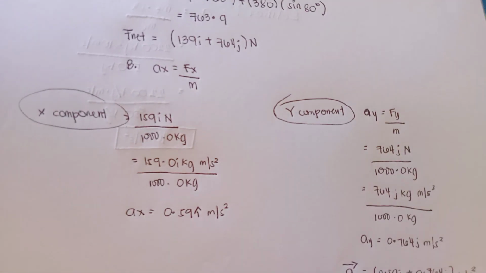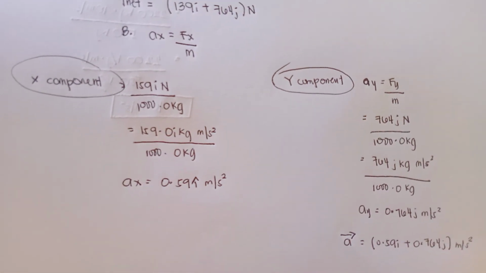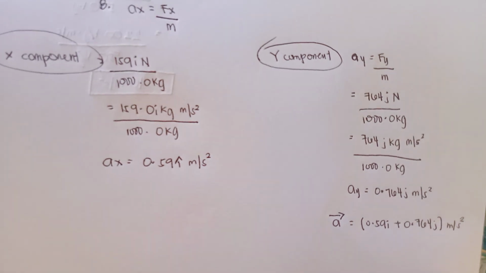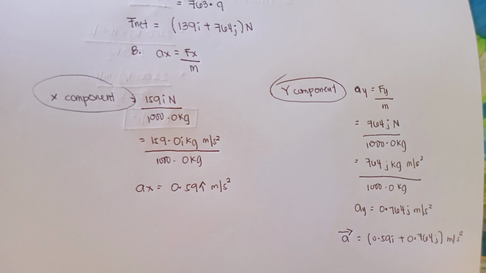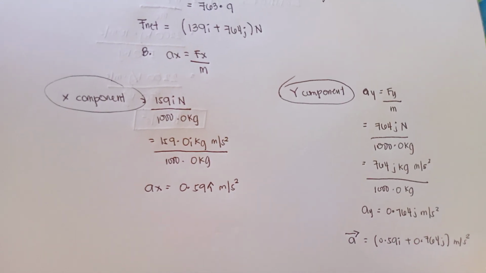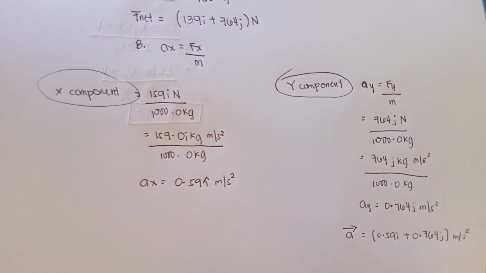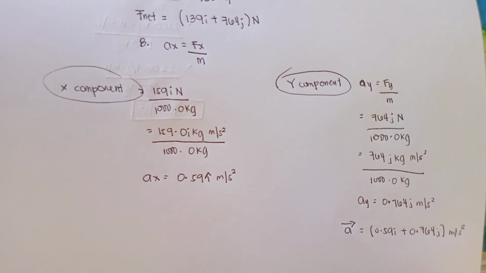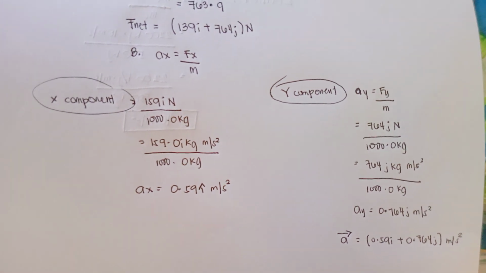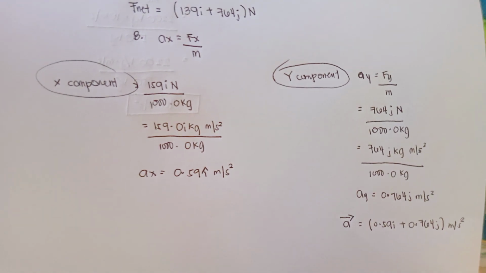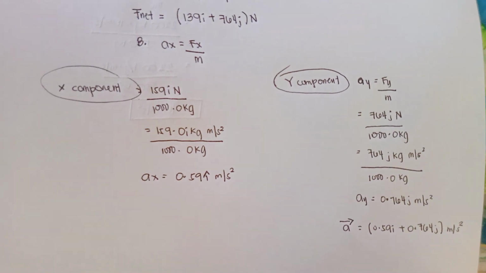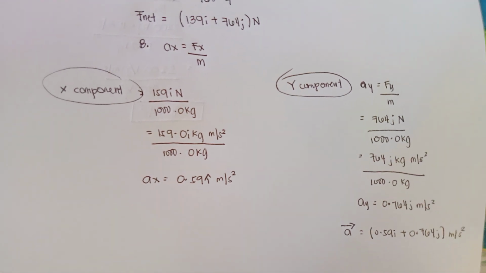And for the y component, Ay equals Fy over M. So 764 j newtons over 1,000.0 kilogram equals 764 j kilogram meter per second squared over 1,000.0 kilogram. Ay equals 0.764 j meters per second squared.